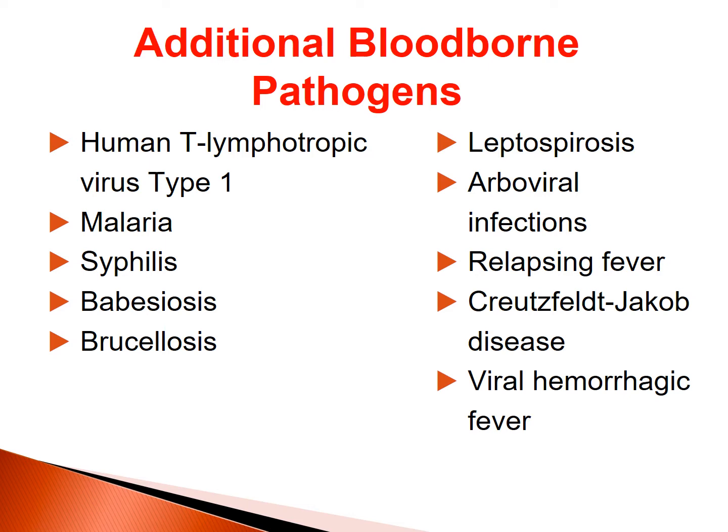There's also relapsing fever and viral hemorrhagic fever. You primarily see those types of pathogens in underdeveloped countries. There's also the potential for what's called Creutzfeldt-Jakob disease. That is a bloodborne pathogen that is primarily found in young children.